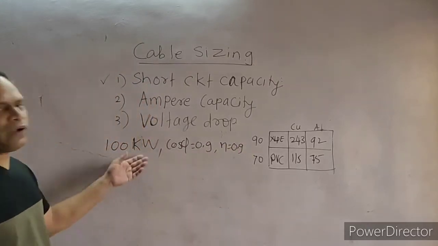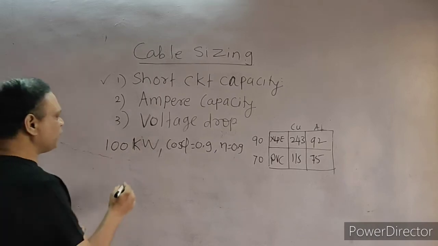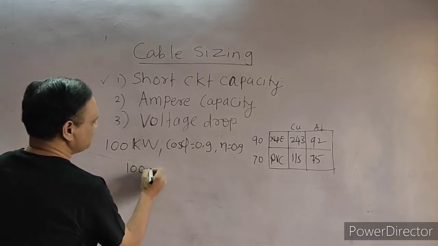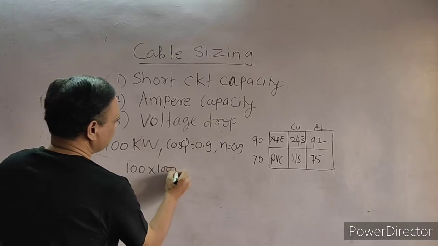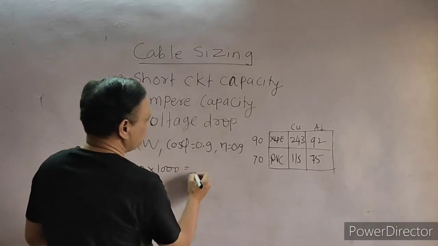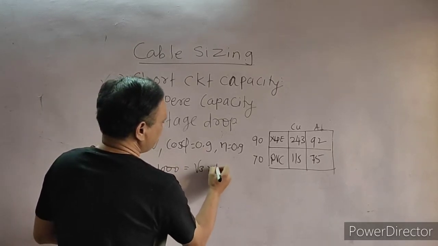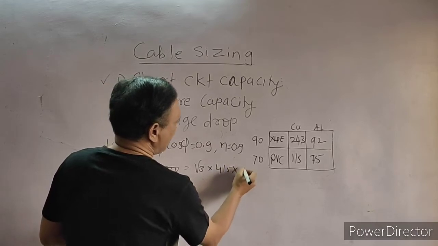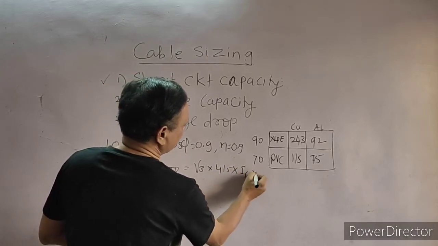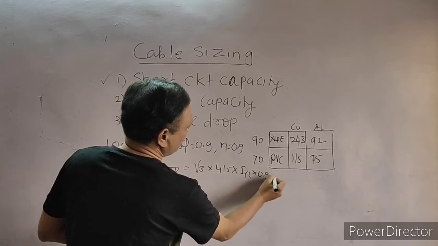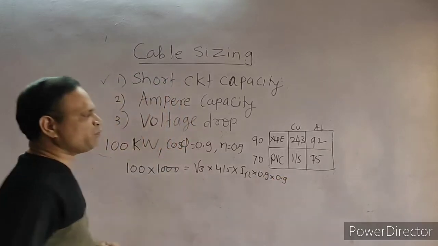Now we have to calculate the full load current for that purpose. So our power is 100 into 1000 watts, which is equal to root 3 into V, 415, into I at full load, which we have to calculate, into cos phi 0.9, into efficiency, that is 0.9.